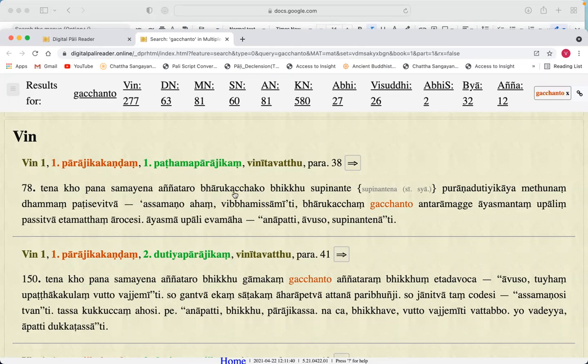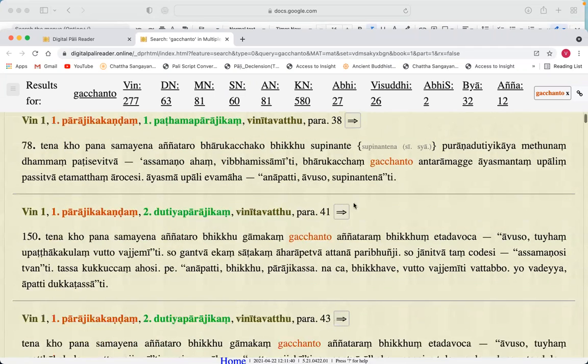Dina kobana samayina, inyadaro parukicheko beku, subinandi, metunandama, bedisiwe dawa, asamano ahan, webavesadidi, so barugana gichando, barukichan, gichando, and rameki, asamanda, ubale, basaidawa, ikamana. So in this case, gichando is singular. Inyadaro beku barukicheko, beku kichando. Okay, the subject is singular.